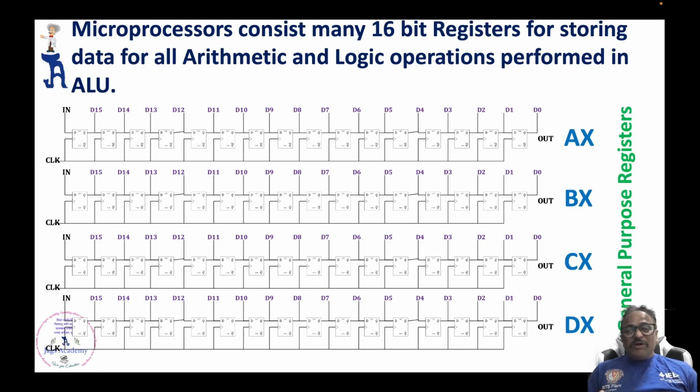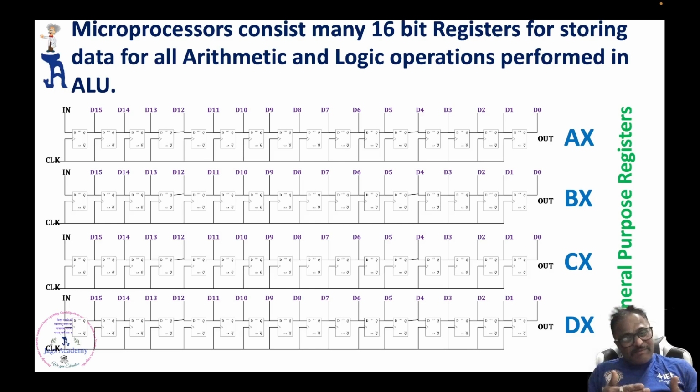Also, your ALU, your logic unit, can read the value from these. After performing logic operations, the data can be stored back into these. So inside the microprocessor, the data which has to be processed in a very important unit called the arithmetic and logic unit has to be stored in these registers.